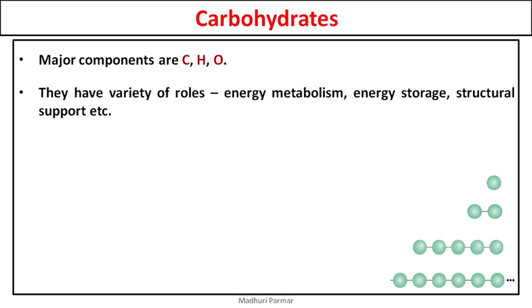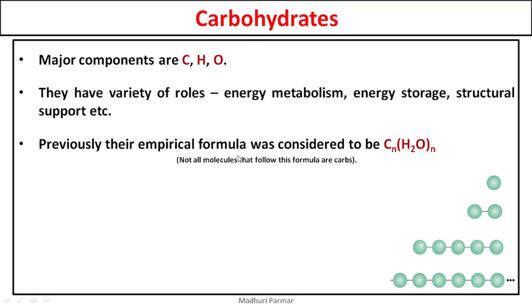Cellulose is again nothing but carbohydrate. It is not used in metabolism or storage of energy. But where else is it used? It is used for structural support. It provides that structural support to the cell, right? That rigidity and shape will be maintained because of this cell wall, which is mostly made up of carbohydrates.